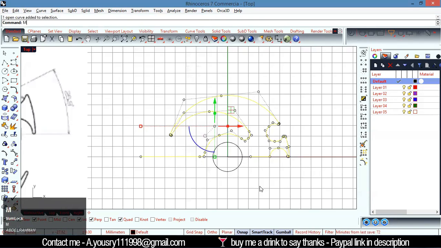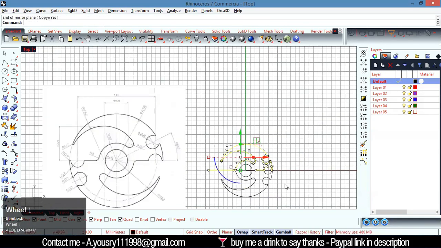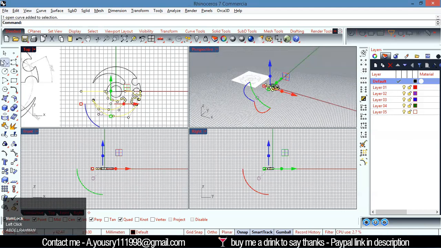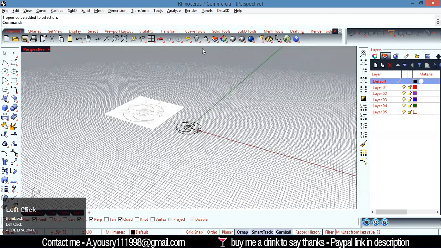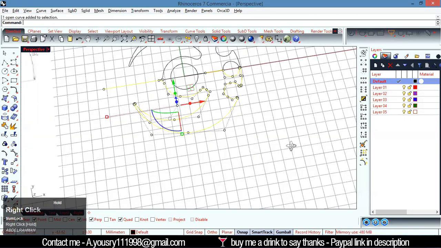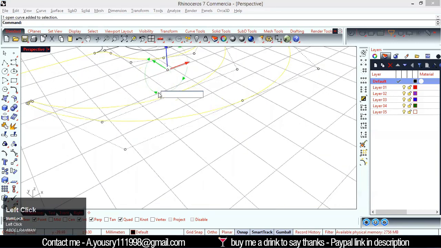Going to mirror at the origin. Okay, and then I go to the perspective view, double click here, and pick the lower. And from the gumball here, I'm going to rotate that 180.